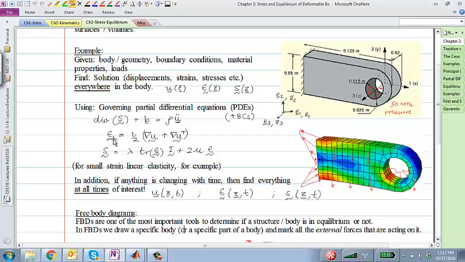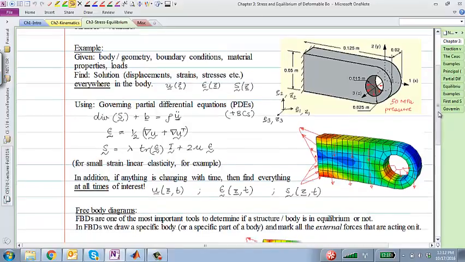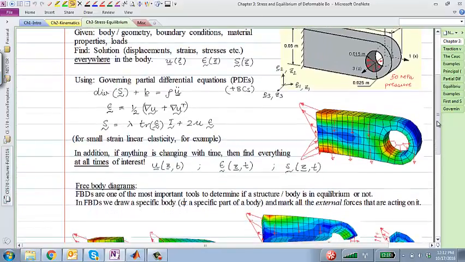We did cover the kinematics part, which correlates displacements with strains. Now we are going to talk about the force part of that problem, and the last part will be about material properties. Then that will allow us to completely define a problem.